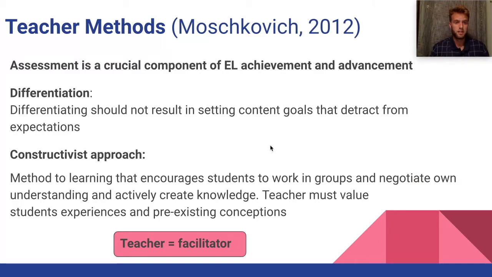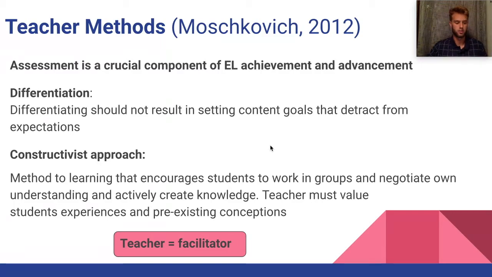In terms of methods, it's important to understand that assessment should not just be, okay, you don't need to worry about this since you don't understand it. It needs to be tracking learning and their progress in multiple modes over time. So differentiating should not be detracting from the expectations.